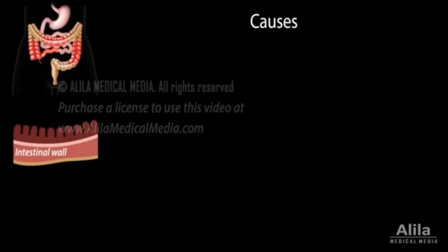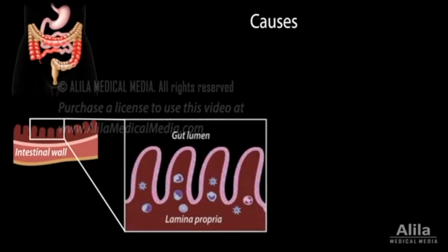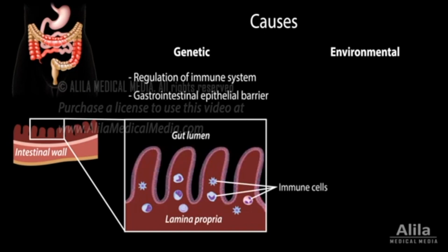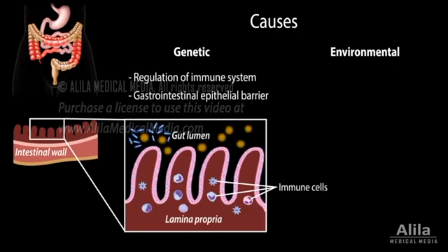The exact mechanism of Crohn's disease is not fully understood, but it likely involves both genetic and environmental factors. Multiple genes are identified, most of which act in the immune system, or in maintaining the gastrointestinal epithelial barrier. This barrier separates the gut content from the underlying immune system, preventing the body from reacting to dietary antigens and resident bacteria of the gut.